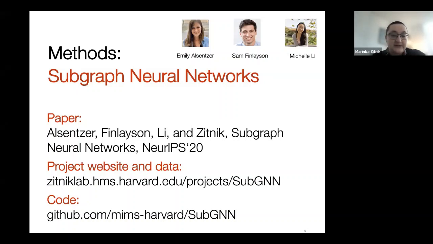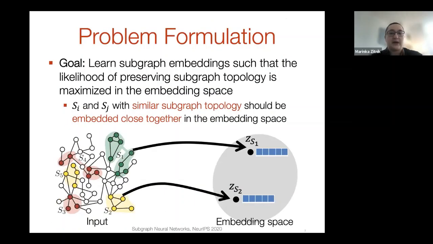You can find that at our lab website. We also have a code base for SubGNN, which is on our GitHub repository, so you can easily go and try out the method on the data sets provided in the paper, or using your own data sets. Okay, so let's begin with SubGNN.